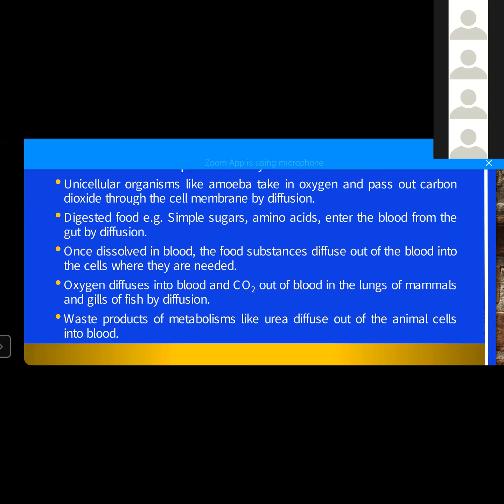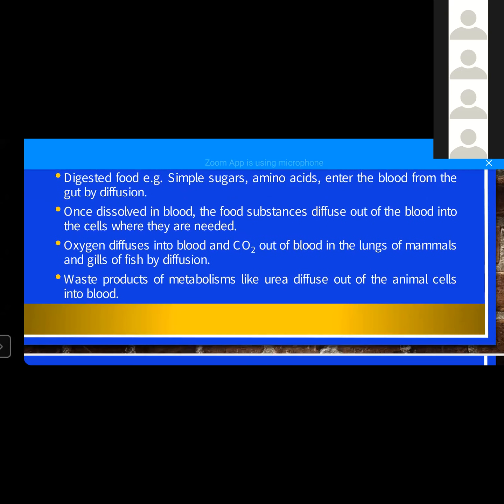They can also move from the bloodstream into the cells. These food nutrients are distributed by the bloodstream into cells in every part of the body. So they also diffuse from the bloodstream into the cells. We also have oxygen, which diffuses from the lungs into the bloodstream.